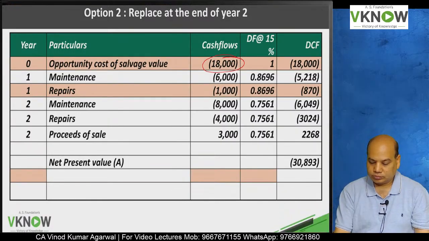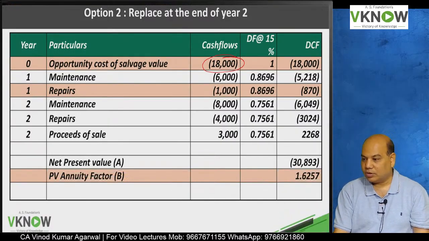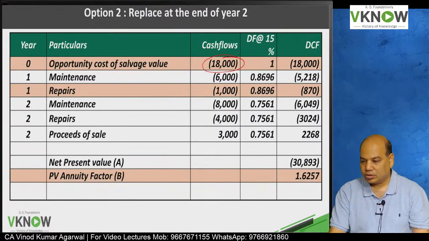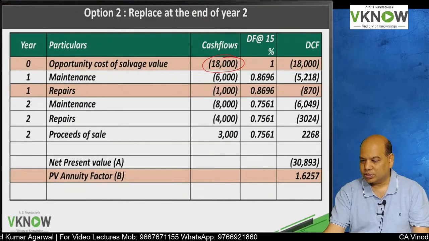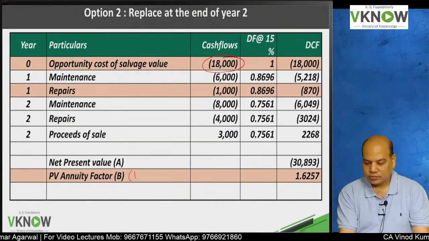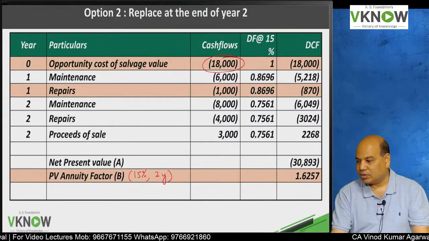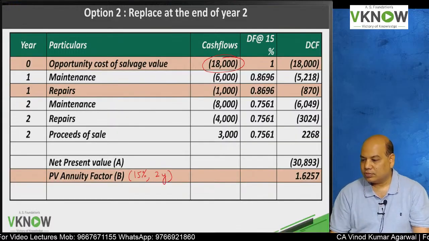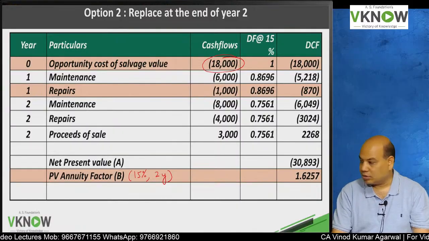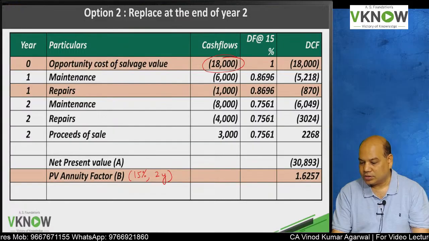PV annuity factor for 2 years, 15% 2 years. Check 1.625. 1.6257.